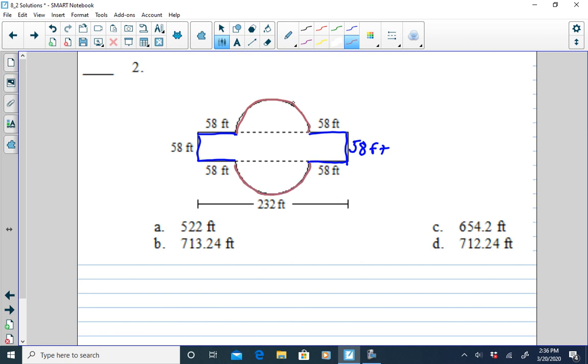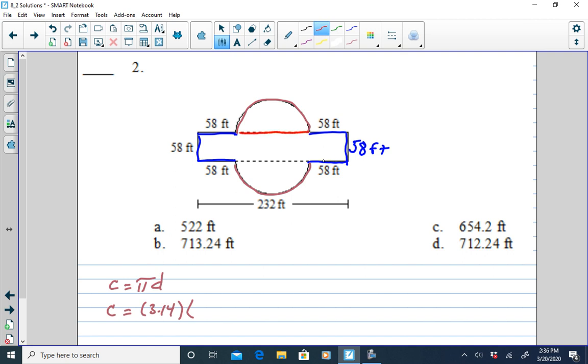Well, to find those distances, we're simply looking at the circumference of a circle, right? So we need to first find the circumference of that circle. Circumference is pi times the diameter, so it's going to be 3.14, which we will use for pi, times the diameter. Well, what's the diameter of that circle? Let's see. We're looking for this distance here.